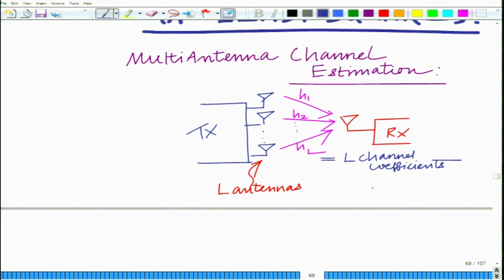Alright, these are channel coefficients, and these channel coefficients are unknown. They comprise the channel. We also said this is the channel state information or CSI, which is unknown and has to be estimated.